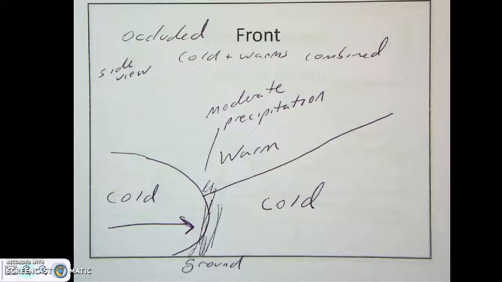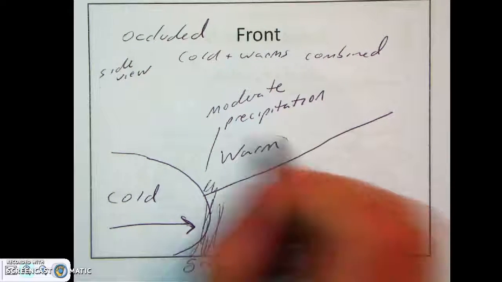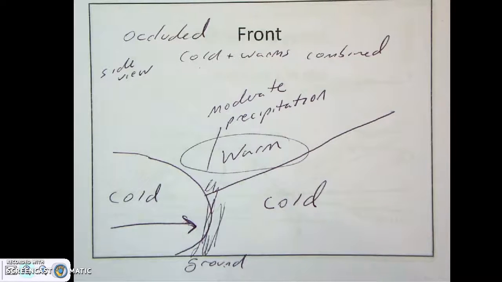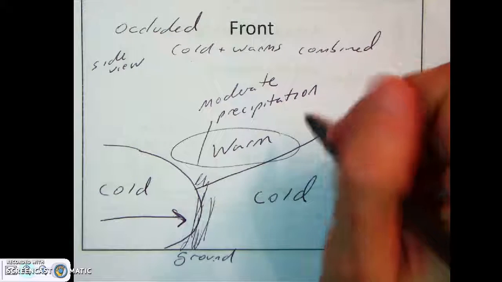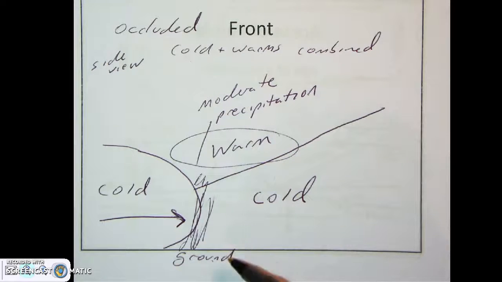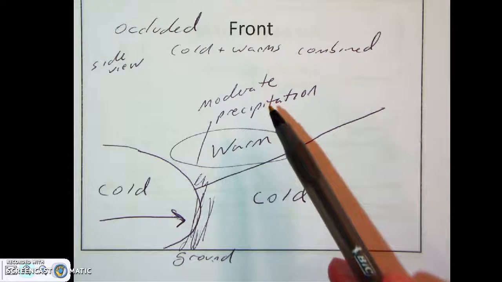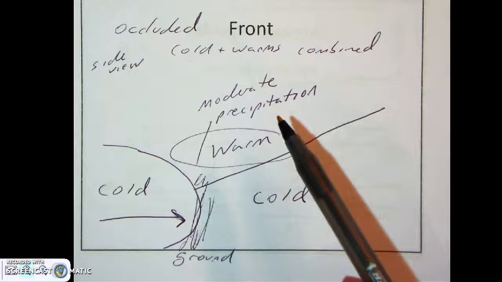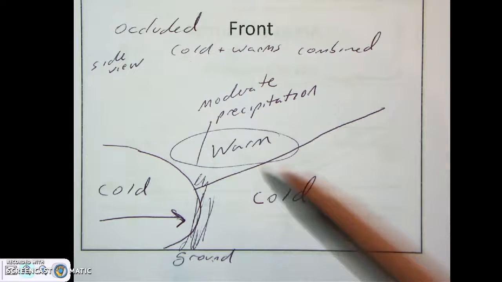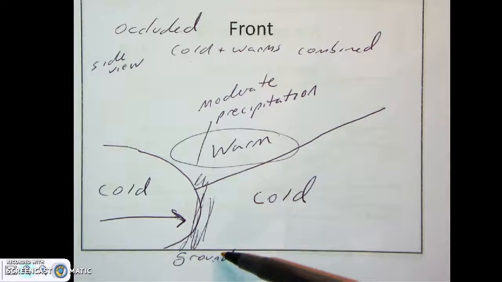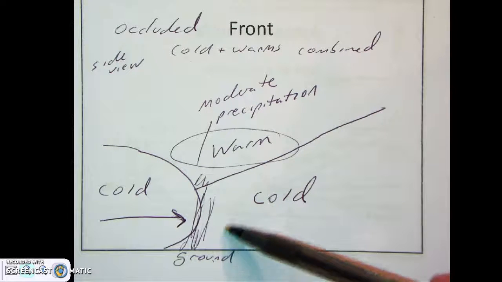But what's also interesting about this is that now we have some warm air above the ground. And if you remember, I think I've mentioned this a couple times, usually when you go higher up in altitude, the air gets colder the higher you go, as long as you're in the troposphere. In this case, though, the air would be getting colder as we went up.